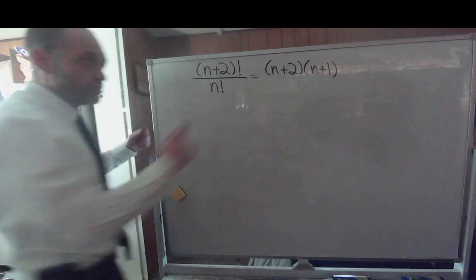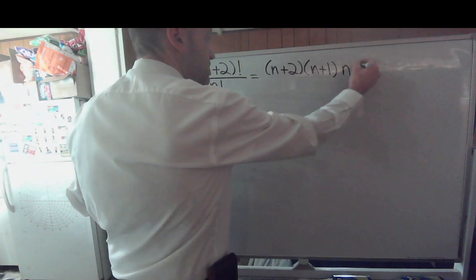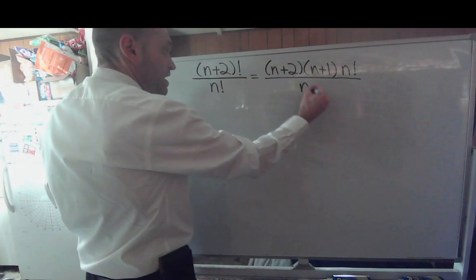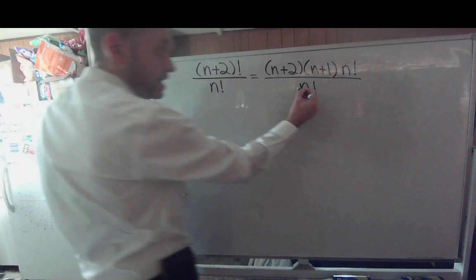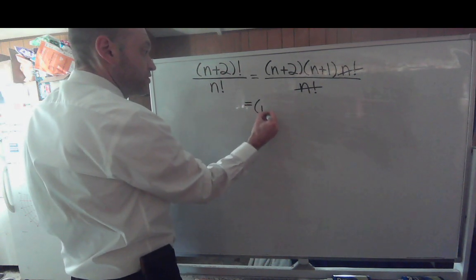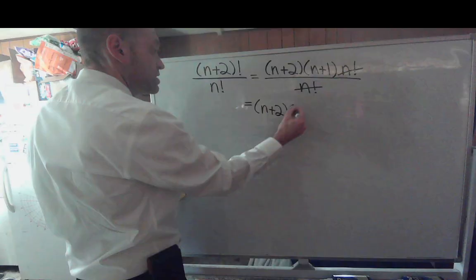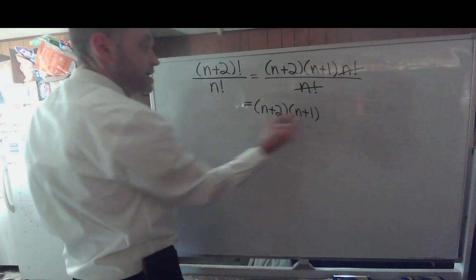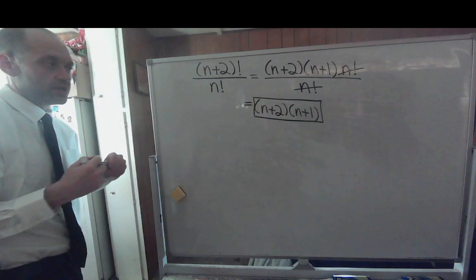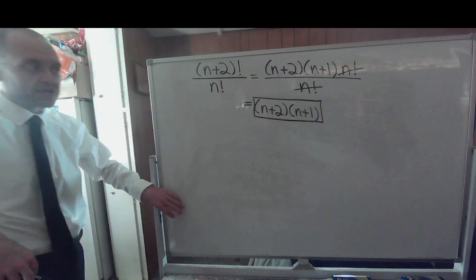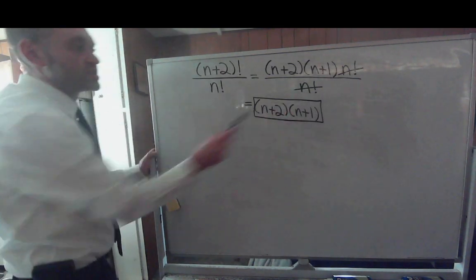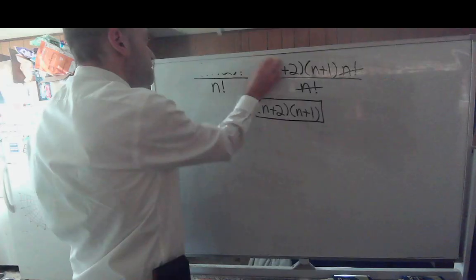We definitely do, because after n plus 1 just comes n factorial, which now you also have an n factorial in the denominator, and they will cancel out between denominator and numerator. This would just leave you with the quantity of n plus 2 times n plus 1. And it would be sufficient to write it like that. If your professor is really gung-ho on it, you could FOIL this out and get a quadratic, but I don't think that's necessary. This would just simplify into n plus 2 times n plus 1.